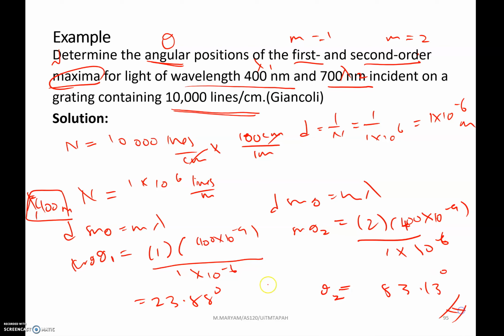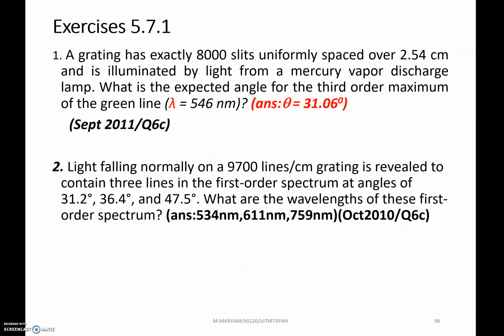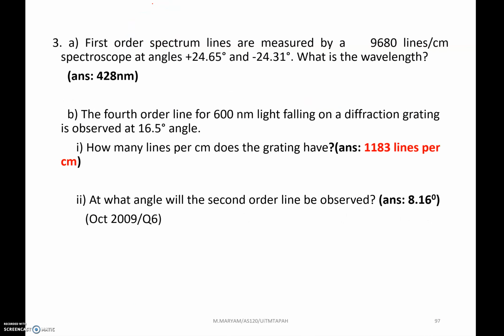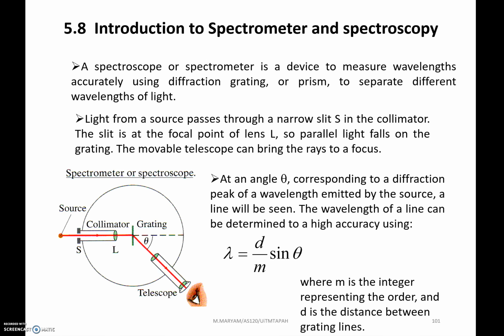So these are the answers for 400 nanometer. I want you to find theta 1 and theta 2 for the first and second order of the 700 nanometer light. You should get the answer of 44.43 degree for the first angle. The second one, go and find it yourself, and then we'll discuss the answer later. Please do this exercise as well. You can check the answers there. Good luck on that.